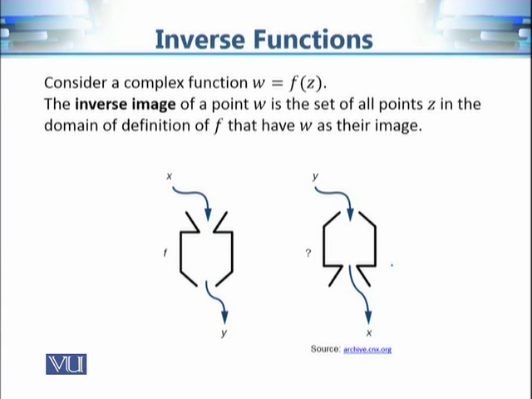Now, the next question is, we know that a function is a procedure that takes Z as input and gives us W as output. So it's a kind of box that processes this Z and gives us output W. Now the question is, can we find the reverse procedure of this process?